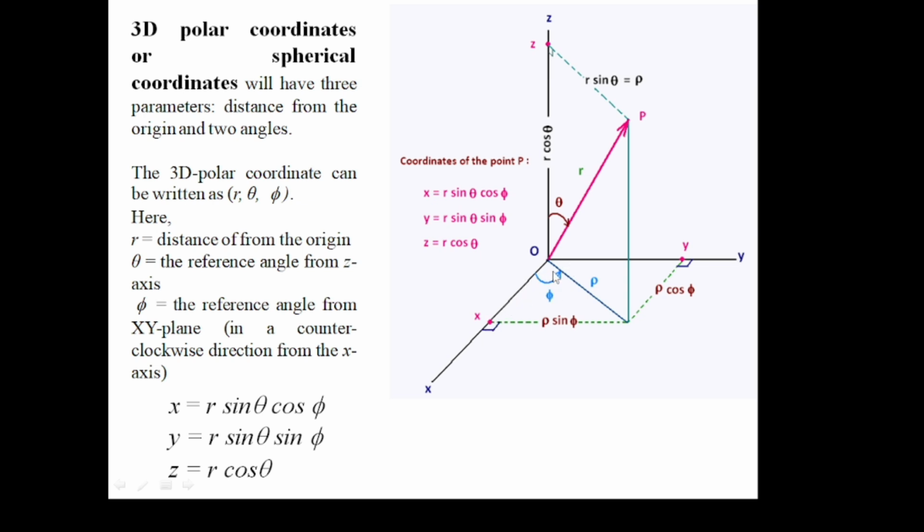So x is equal to rho cos phi and y is equal to rho sin phi. Since rho is r sin theta, x is equal to r sin theta cos phi, y is equal to r sin theta sin phi, and z is equal to r cos theta. One interesting thing is that if you take x square plus y square plus z square, it is equal to r square. So this is the equation of a sphere.